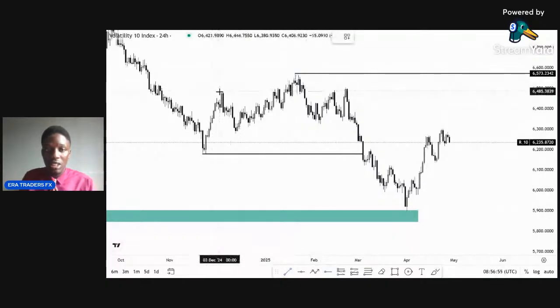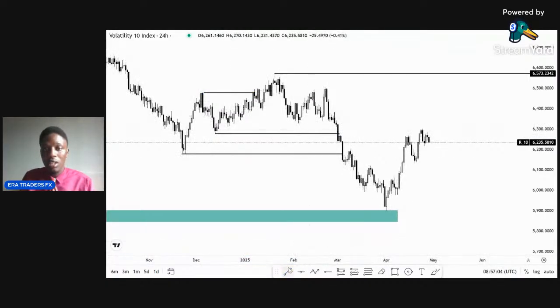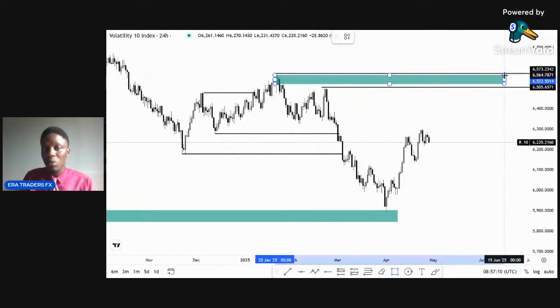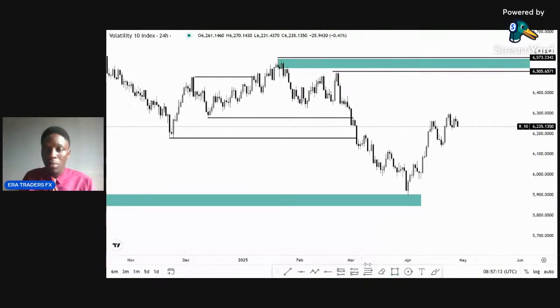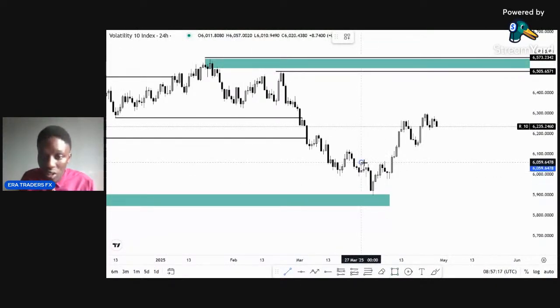One of the things that stood out to me was this sweep of this eye, right? Sweep of that eye and the break of structure to the down. And I'm seeing this as liquidity, which is a POI will be here, right? But currently we saw the change of character on this when this eye was swept.